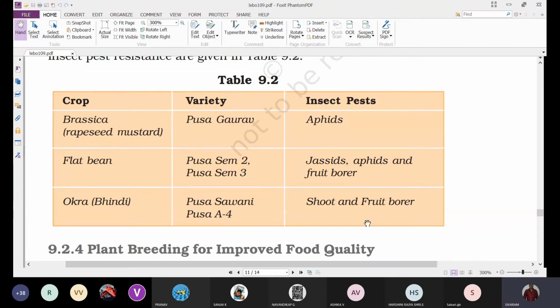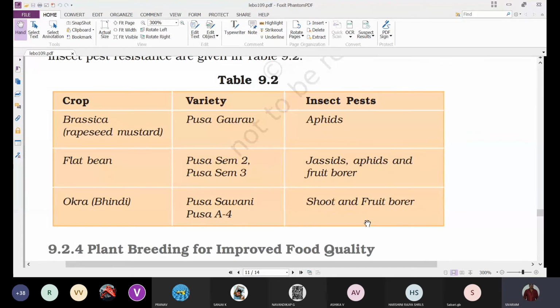So these are the tables and the examples. While we were discussing high yielding varieties, we discussed some examples: Kalyan Sona and Sonalika of wheat variety; IR8 and Taichung Native 1 of rice variety; Jaya and Ratna of rice variety; and next the sugarcane varieties, Saccharum officinarum and Saccharum barberi.